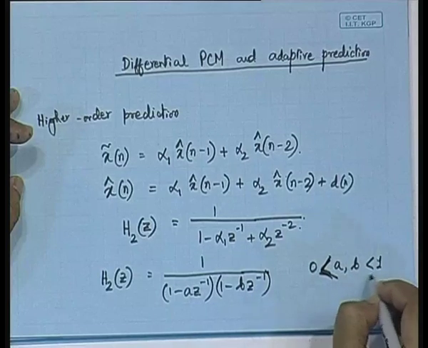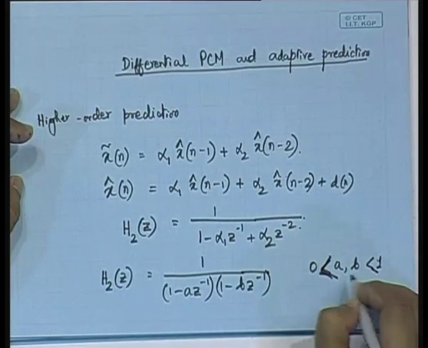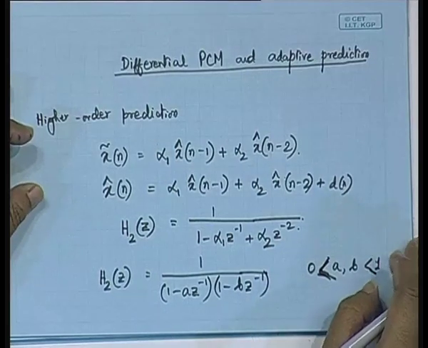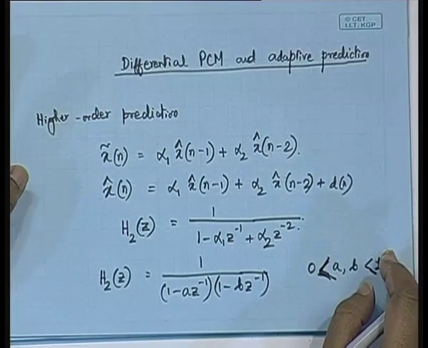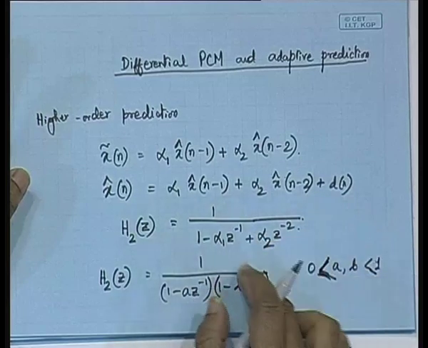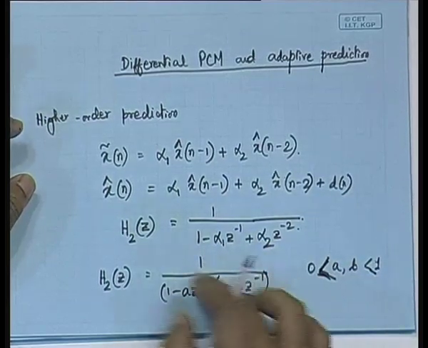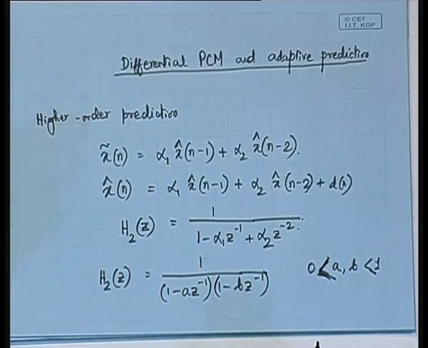So, 0 less than a or b less than 1, and in this case one can observe that we have two poles in this h2 of z function, and if both the poles happen to be real, in that case it gives an increased prediction gain. So, instead of a first order prediction, using a second order prediction, one can observe an increased gain, okay, definitely.